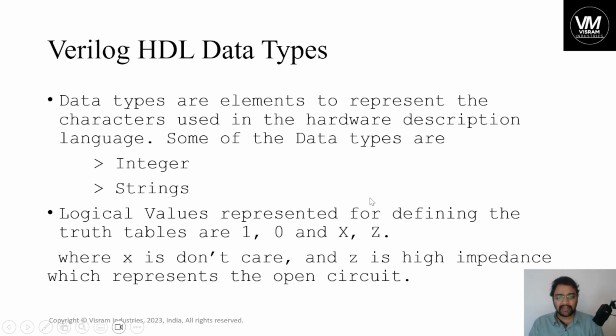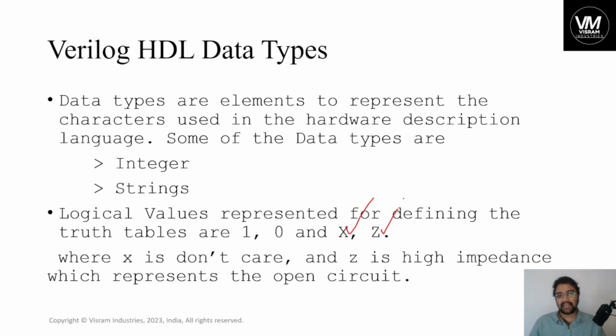So in the entire hardware description, a machine, a processor or chip, can understand binary values and also two other values: don't cares and high impedance. Z is nothing but high impedance.